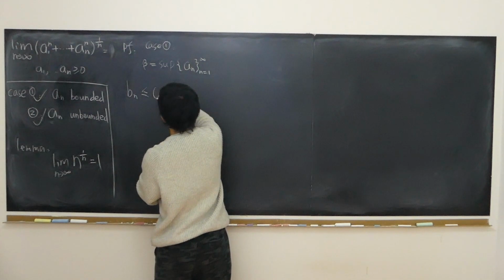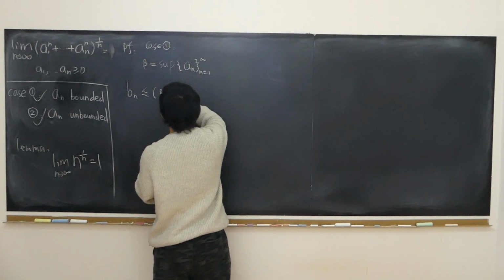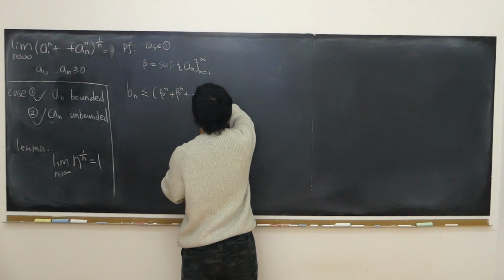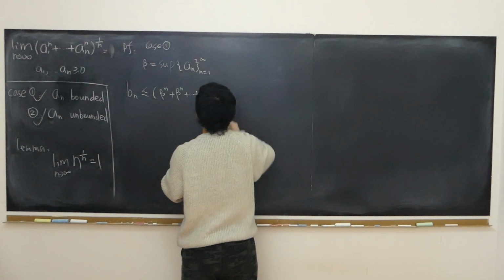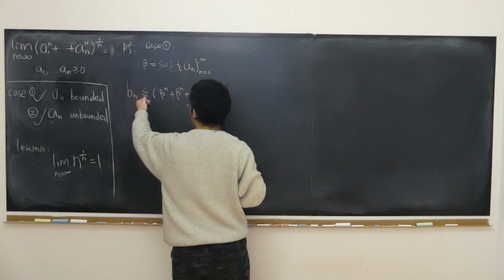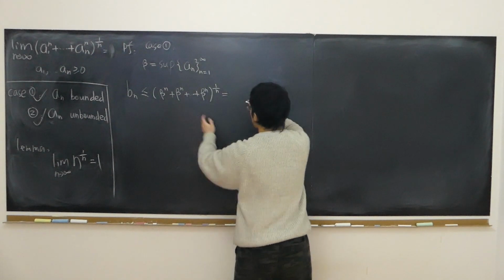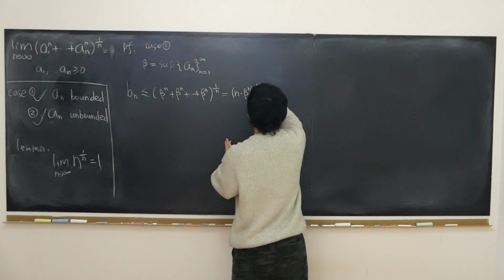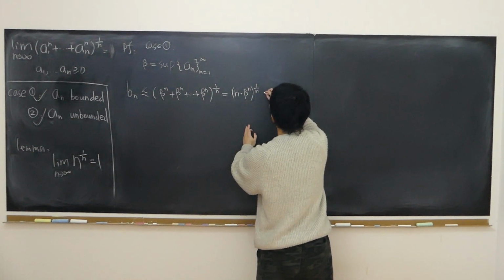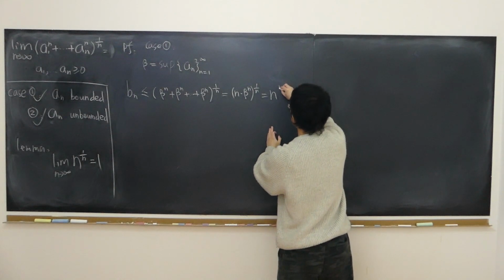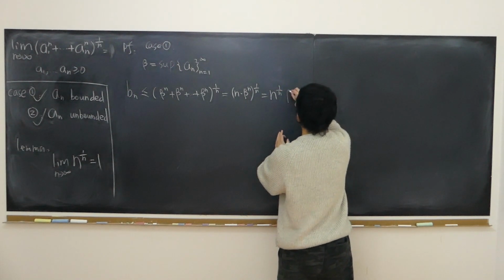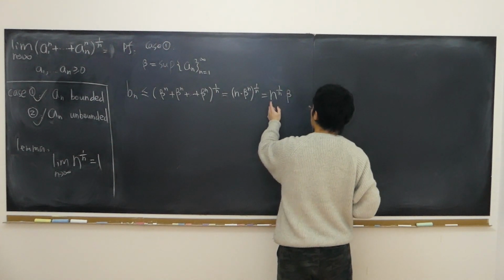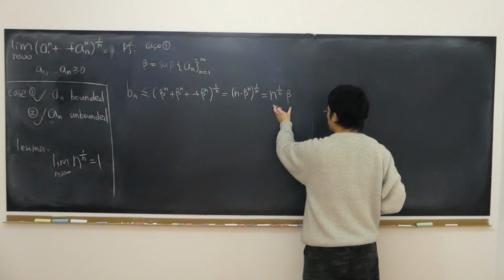So that becomes (beta to the power of n plus beta to the power of n plus all the way up to beta to the power of n) raised to the power of 1 over n. How many of them? n many of them. Therefore, that is equal to (n times beta to the power of n) raised to the power of 1 over n, which is equal to n raised to the power of 1 over n times beta. Now, using our lemma, n to the 1 over n approaches 1, therefore this quantity approaches beta.